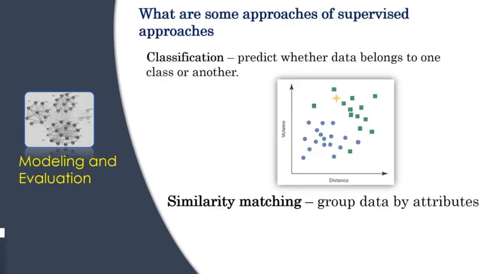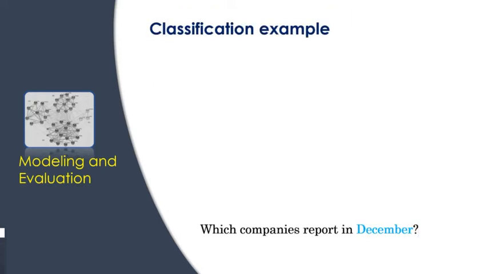And what are the approaches of the supervised approach? Let's see, that is classification. We predict whether the data belongs to one class or another, and similarity match, which groups the data by attributes. Classification is an example.